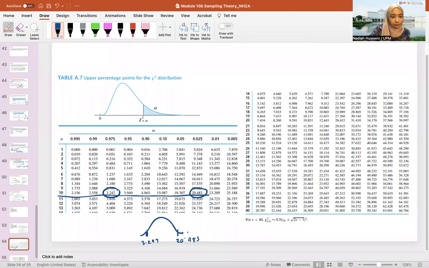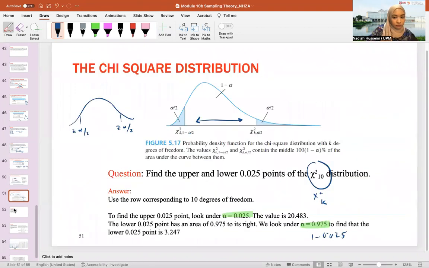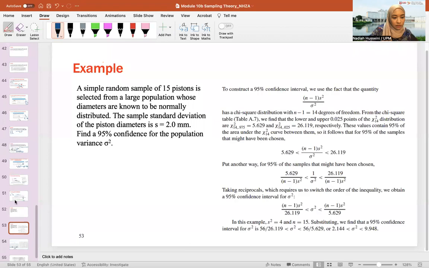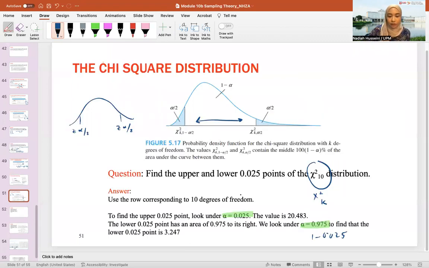Okay, let's see. We have the answer here. Oh, no, we don't. So to find that the lower 0.025 is 3.247 and the value is, yeah. Let me just draw this again. So this would be 20.483 and this side would be 3.247.